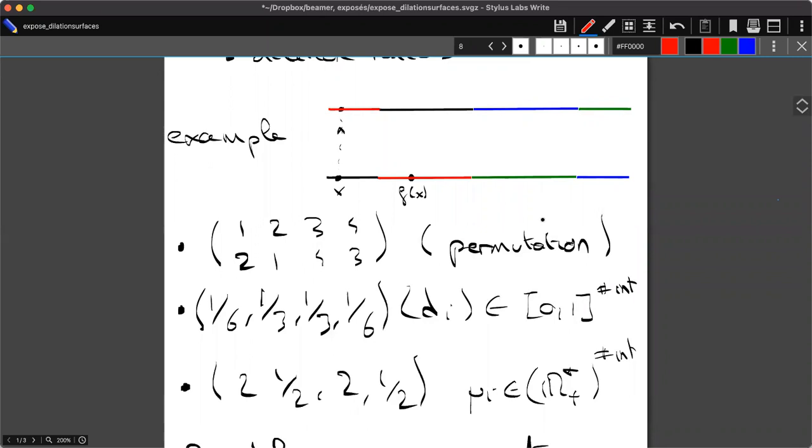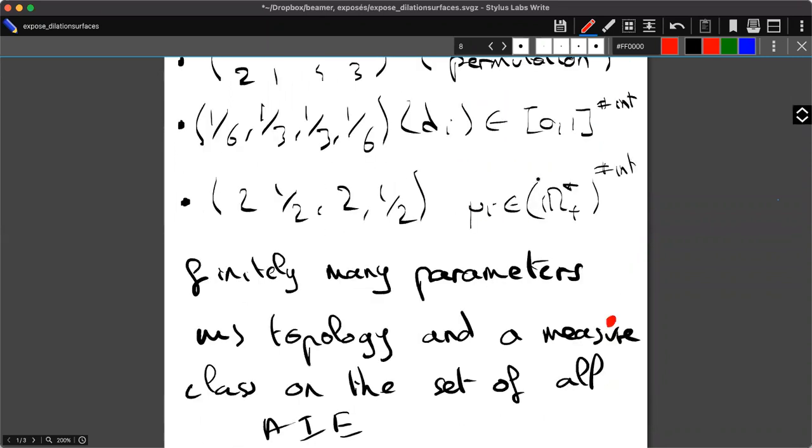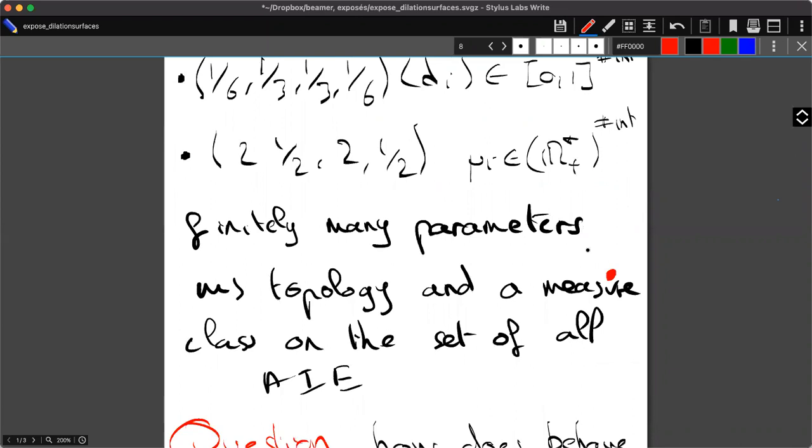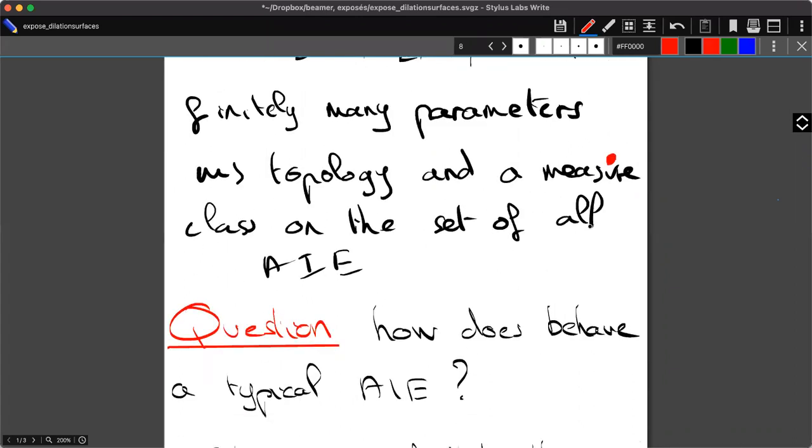So in particular, it comes with a topology and a measure class. I'm just considering the one which is given by the parameterizations.